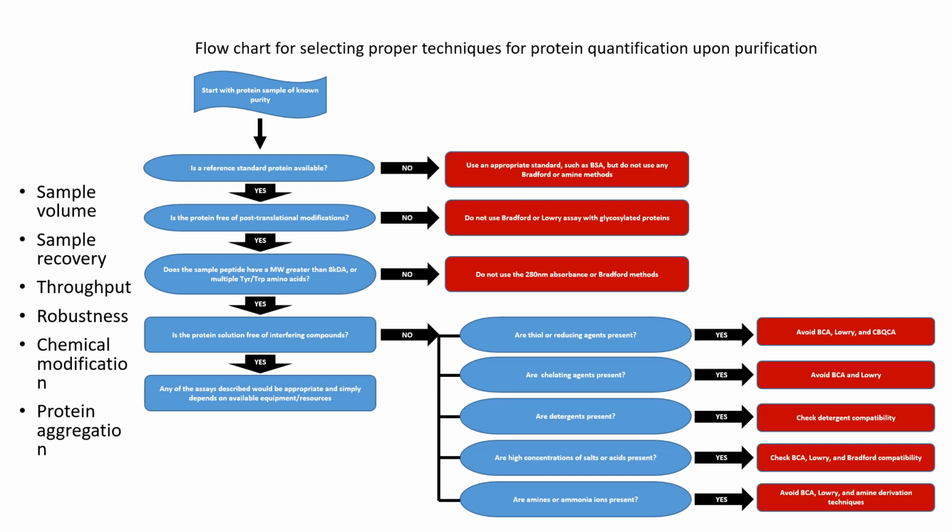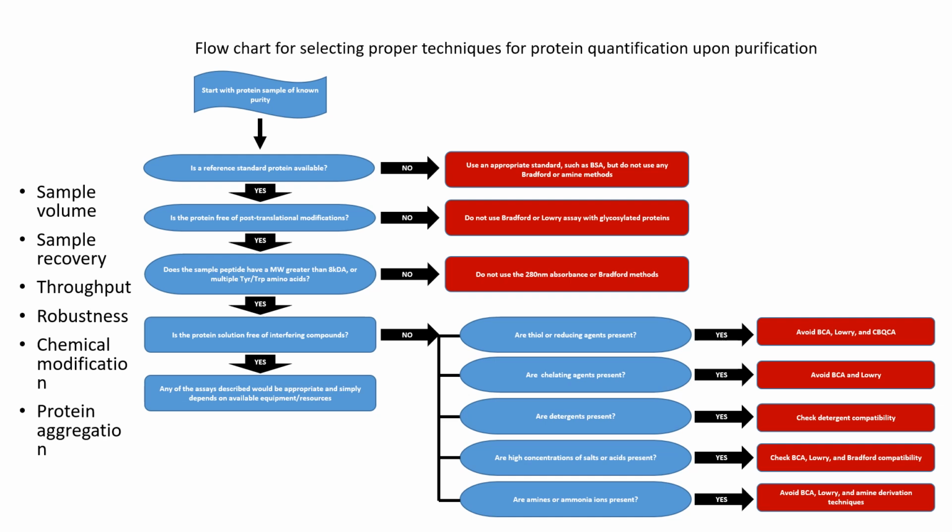Some criteria that need to be considered when selecting an assay include sample volume, the amount of material available to analyze. Typically, fluorescence-based assays provide the best sensitivity and dynamic range. Microplate assays use lower assay volume but show improved sensitivity, typically up to tenfold when compared with cuvette-based assays.